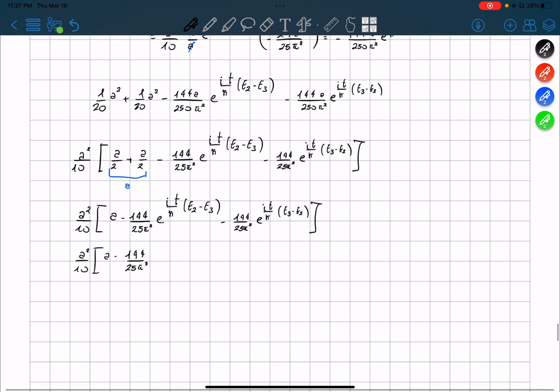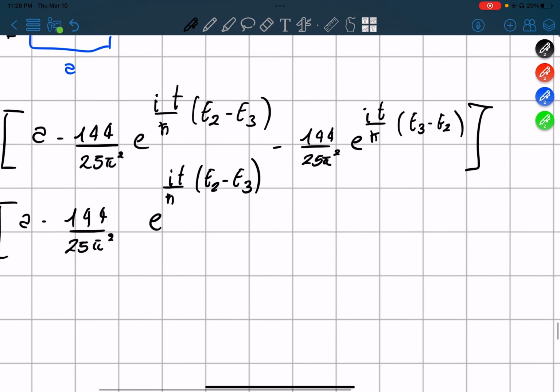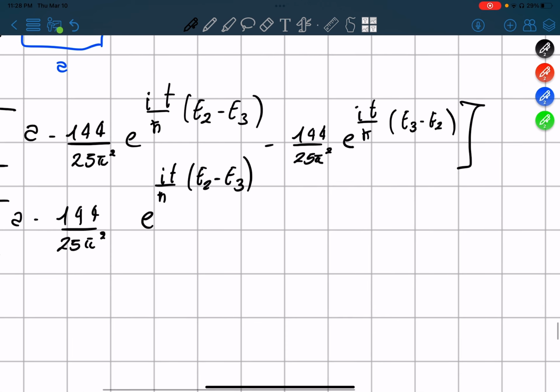Let me check one thing. Yeah, and then this e to the power of i over h bar times E2 minus E3, and then plus e to the power of i over h bar times E3 minus E2. Let me just rewrite it a better way so you can understand why I'm doing this.